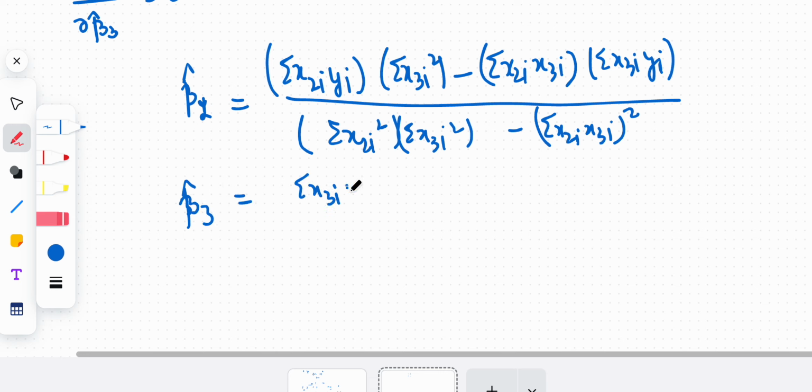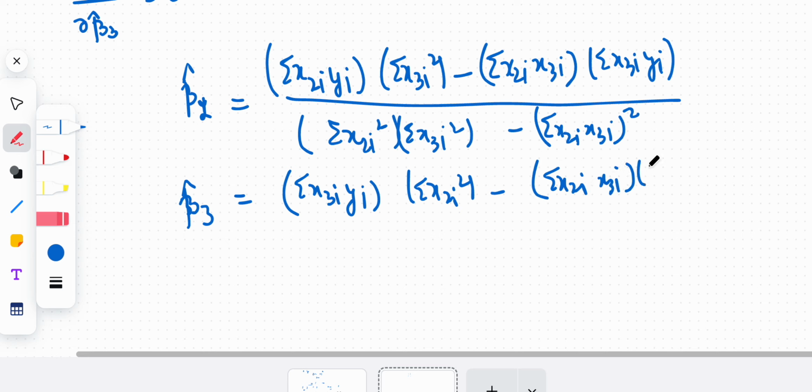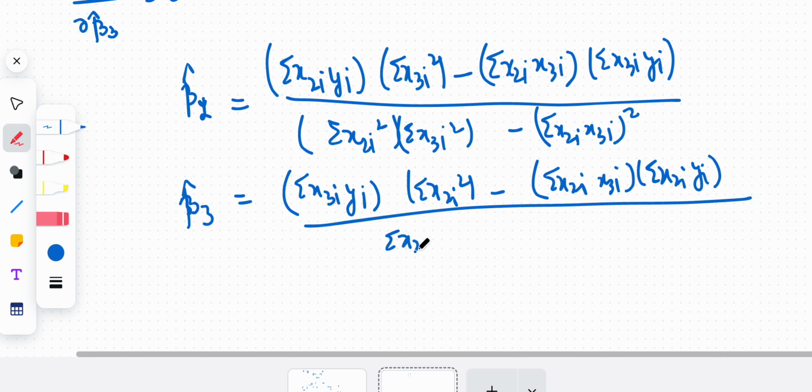Similarly, beta 3 is summation x3i yi, summation x2i square, minus summation x2i x3i, summation x2i yi, upon summation x2i whole square, summation x3i square, minus summation x2i x3i whole square.